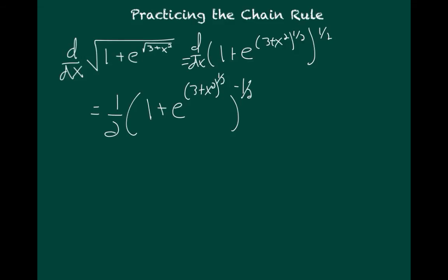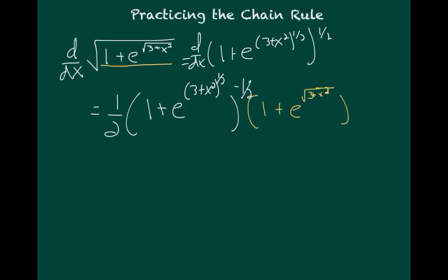Now I multiply by the derivative of the inside function. But you'll notice this inside function is also a composite function. So we're going to have to use the chain rule again. So I'll have 1 plus e to the square root of 3 plus x squared. Now why am I getting the same thing? It's because this inside function is really a function of e, and that is its own derivative.